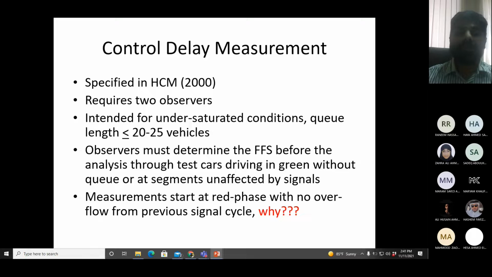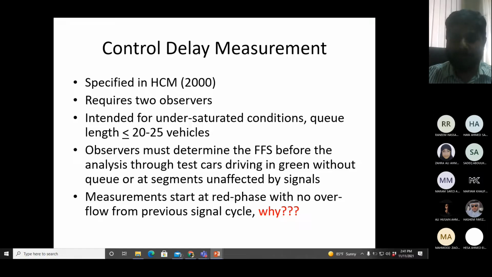How do I know a signal is undersaturated? There are two conditions to know that. If you fulfill these two conditions, then the signal is undersaturated. First of all, keep this in mind. If you want to know whether a highway is undersaturated or oversaturated, it's very easy.